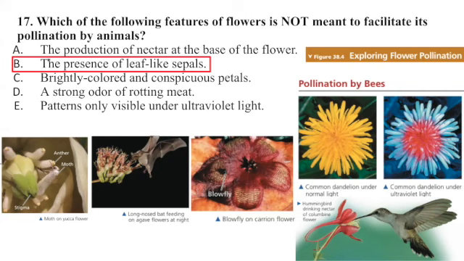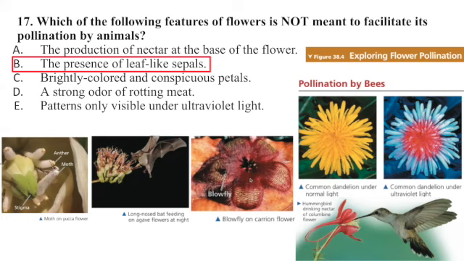So all these other options, A, the nectar at the base, that gives a reward to anything that comes and pollinates that flower. C, brightly colored and conspicuous petals. We've learned that is an adaptation to attract pollinators. D, a strong odor of rotting meat, like right here.